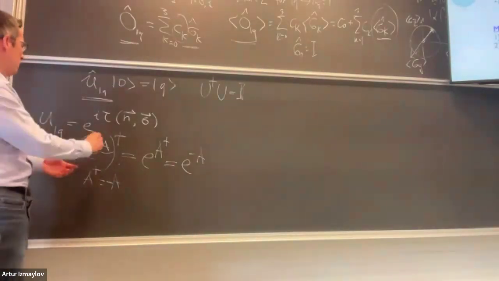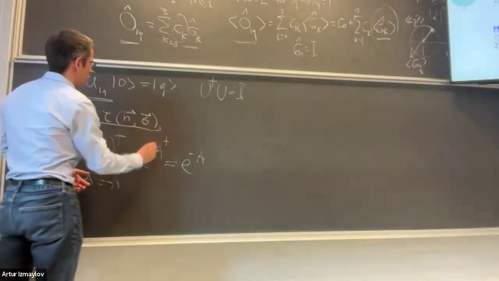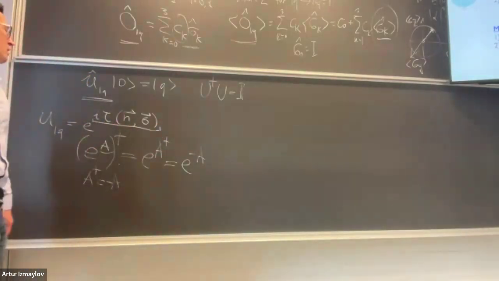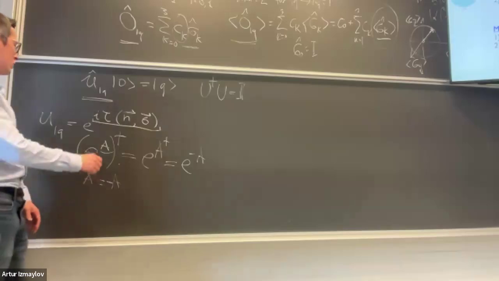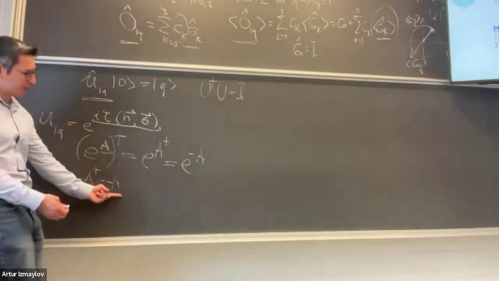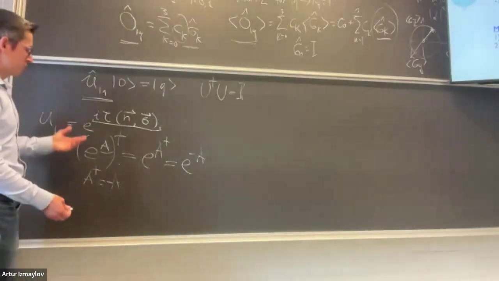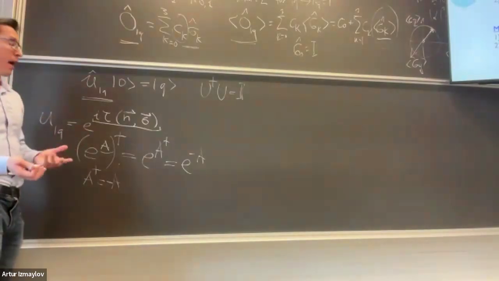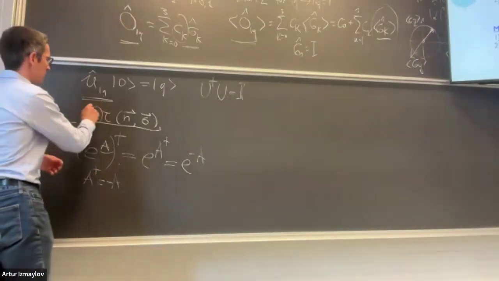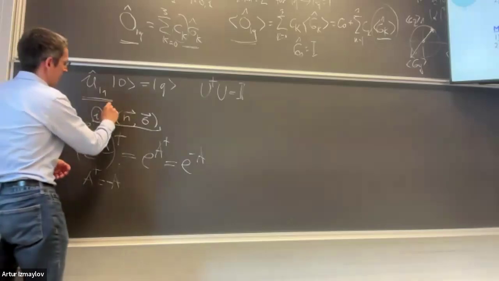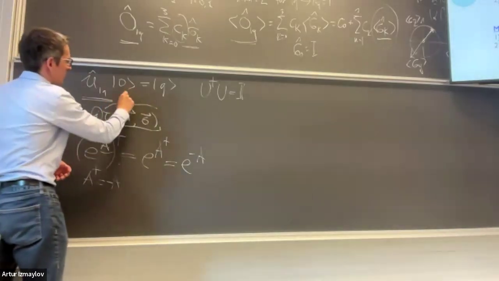So whatever we have here needs to be anti-Hermitian, and it is, because one way to get an anti-Hermitian operator is to take a Hermitian operator and multiply by i, right? So this is the i, and this part is Hermitian.